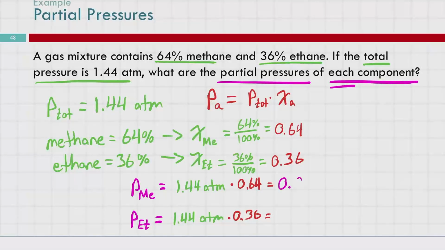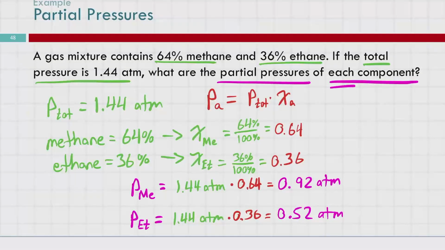So we get 0.92 atmospheres and 0.52 atmospheres. Do we have any questions about how we did that?